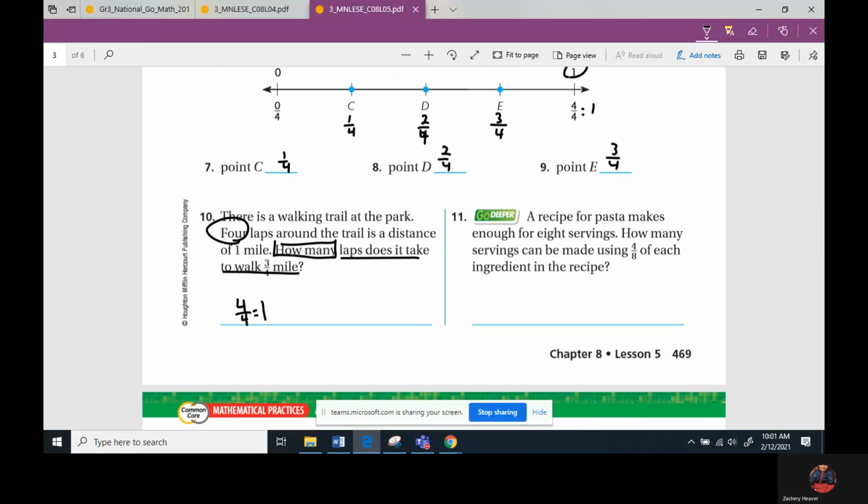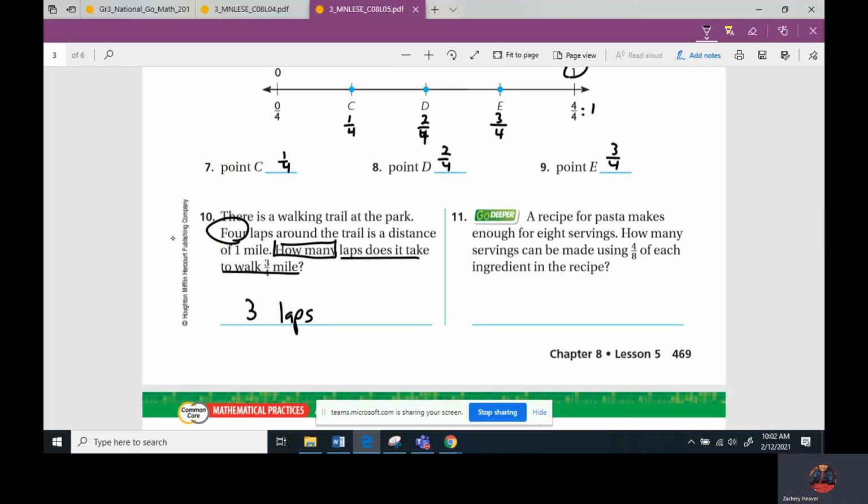How many laps does it take to walk 3/4 of a mile? Well, she's only going to walk 3 laps. She's walking 3 out of the 4 laps. So 3 out of 4 makes 3 laps. She walks 3/4 of a mile, so it's 3 laps.